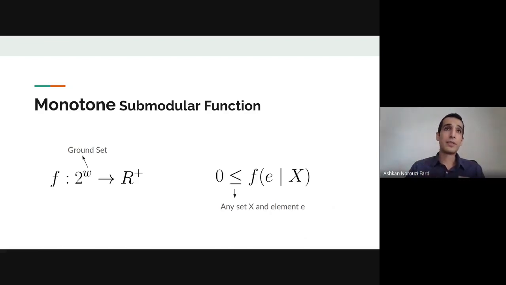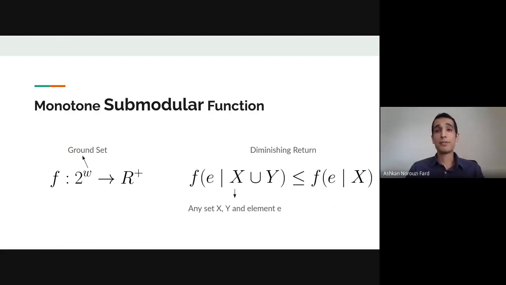For monotone functions, we call them submodular if adding an element to any set gives an improvement that is less than adding it to any of its subsets. We call this the diminishing return property as well. So it looks like a log function, basically.